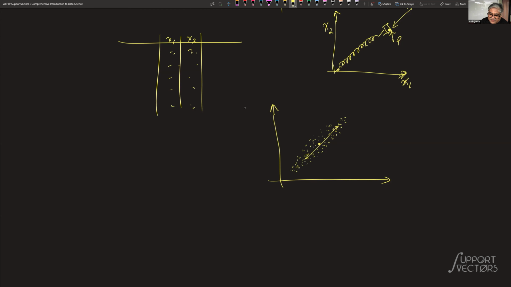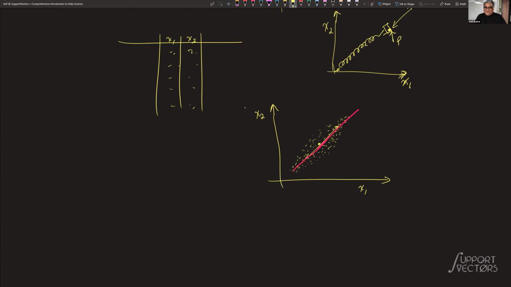So for whatever reason, you end up with data something like this. Now, when you look at this data, X1 and X2, obviously, if you recall your physics, you expect all the data to essentially have fallen along this line, right? But the data has not been there. It's sort of spread out like this.